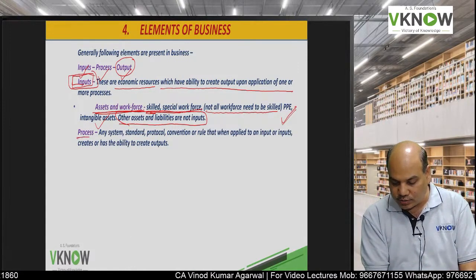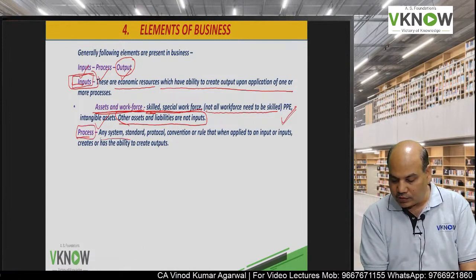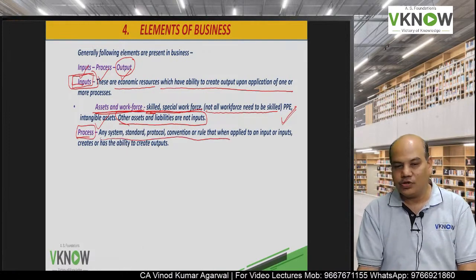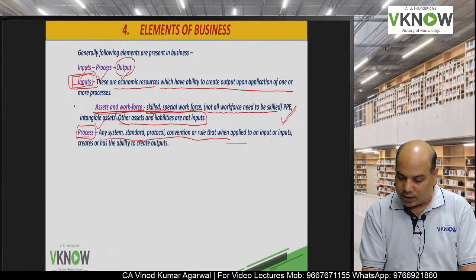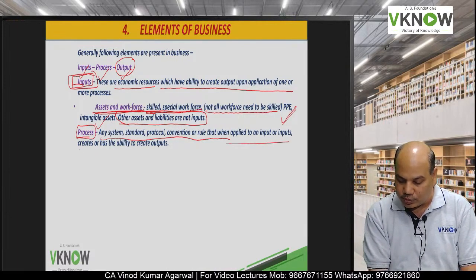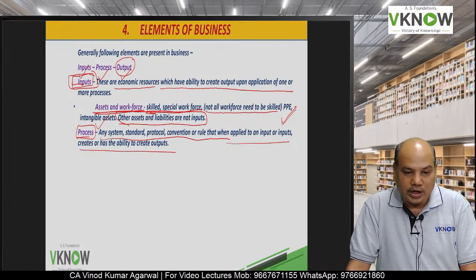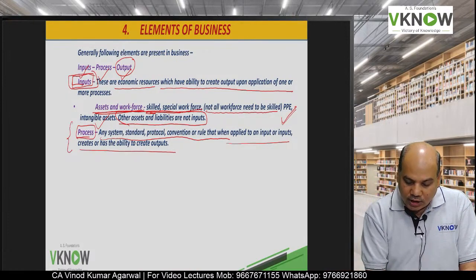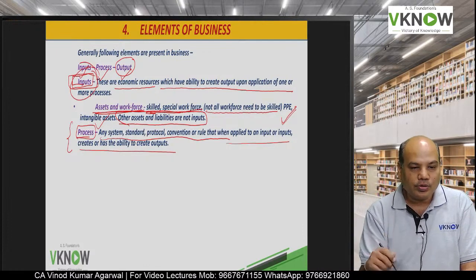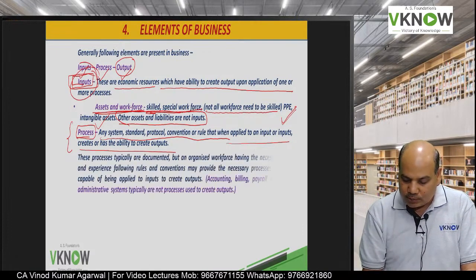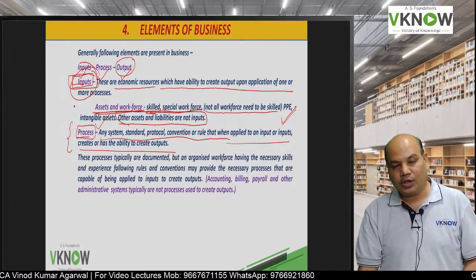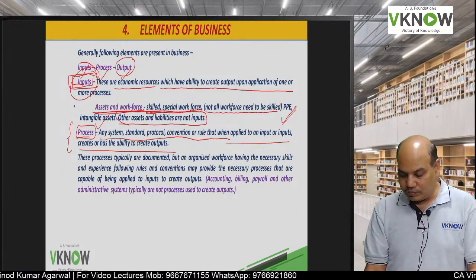What is process? Any system, standard, protocol, convention or rule that when applied to an input or inputs creates or has the ability to create output. So processes are applied over input to create output, like production process, manufacturing process, whatever.